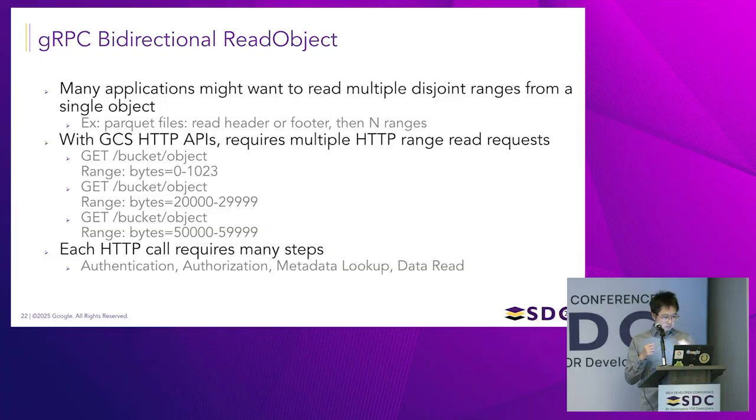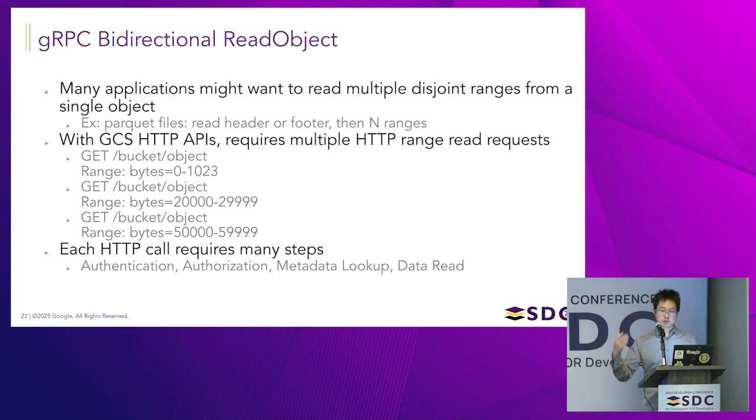In the current world, with our existing HTTP APIs, these would require multiple HTTP range read requests. So in this example, you want to fetch multiple ranges from a bucket object, and each of those ends up being its own independent HTTP request. Each of those requests results in additional overhead, which eats away at performance.